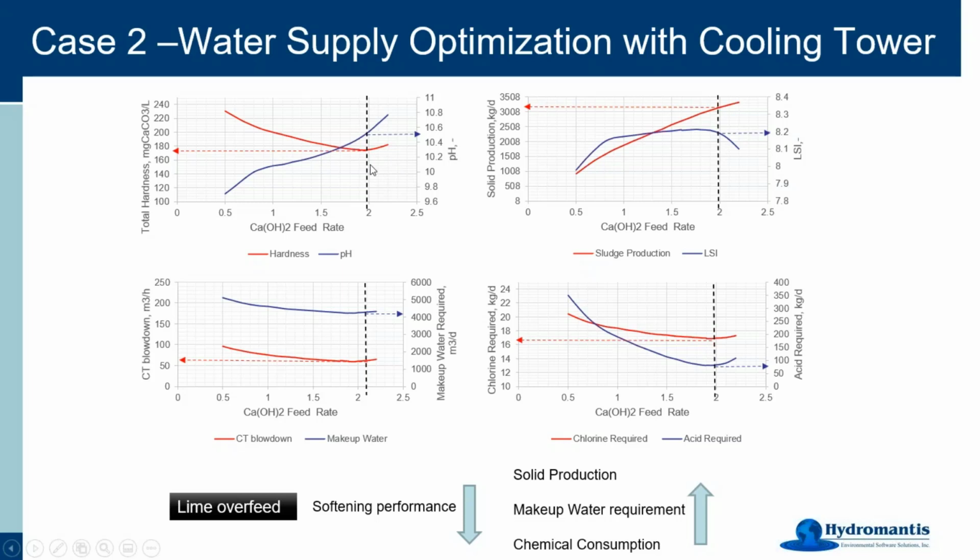So there is an optimum point where lime softening can give us the biggest benefit with respect to all of this combined. But if we overfeed, then of course the softening performance first of all goes down, and then our solid production goes up, makeup water requirement goes up, and chemical consumption goes up. So it's a very useful exercise to understand your system in significant detail.